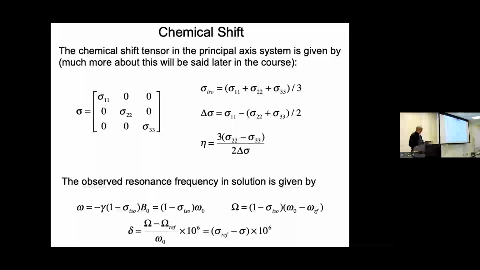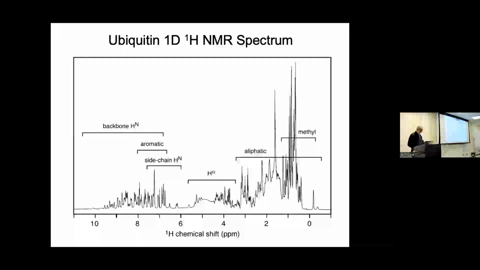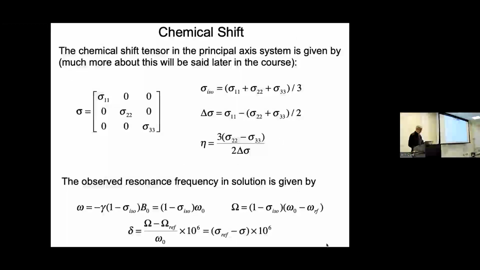And then probably anyone who's taken an NMR spectrum knows that we don't really know absolute frequencies usually. So NMR frequencies are measured relative to a standard. And so the standardization is shown below.